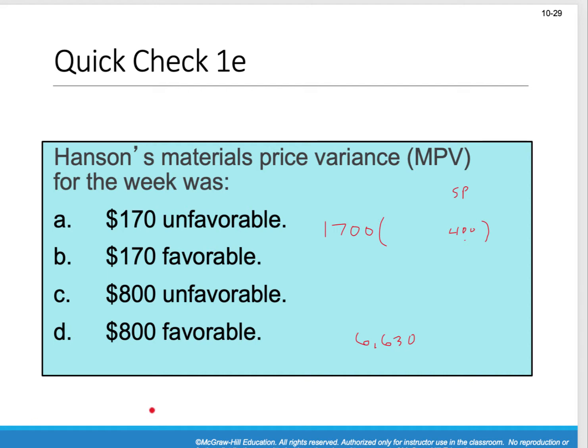So if we divide our 6,630 by our 1,700, we get $3.90. So the difference there is actually 10 cents.